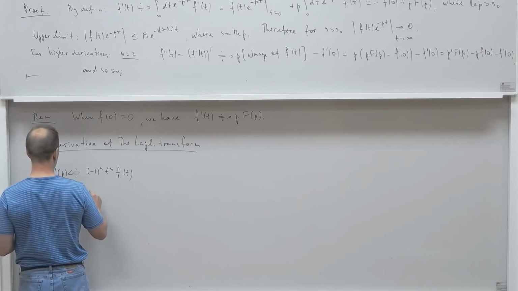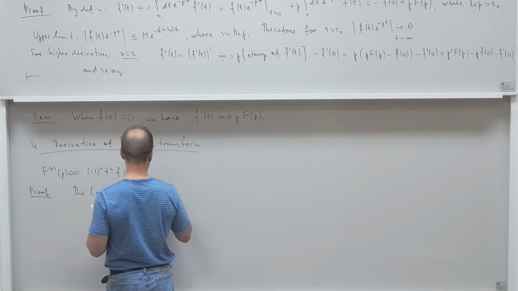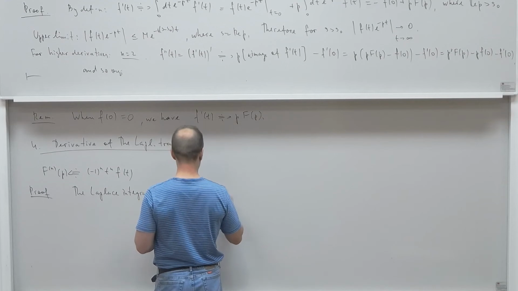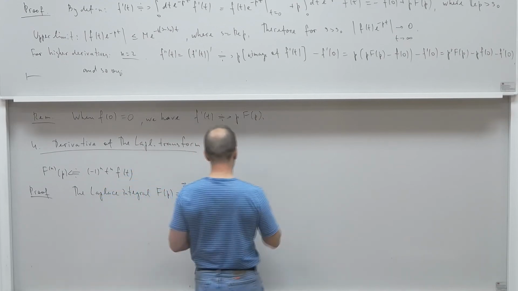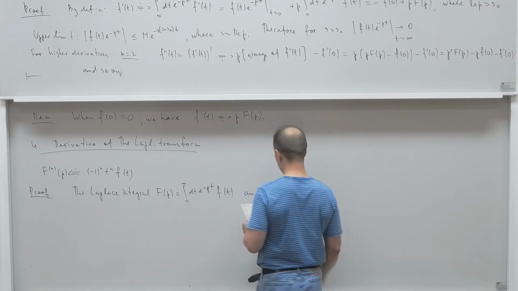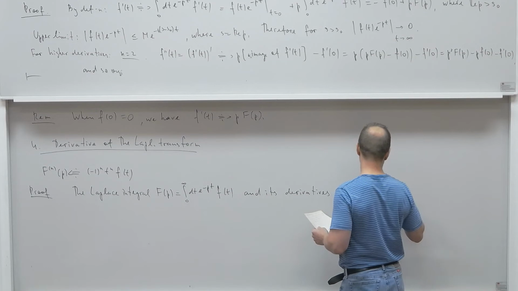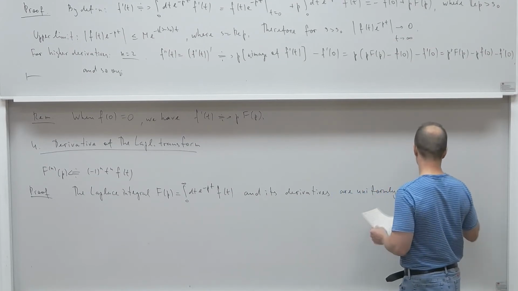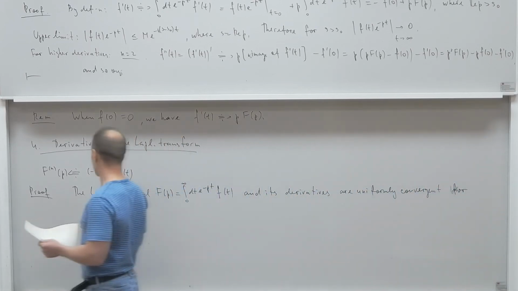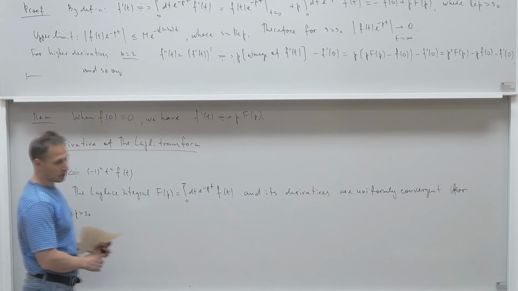The Laplace integral F of p, which is given by definition by such an expression, and its derivatives are uniformly convergent in the half plane where the real part of p is greater than s0, where s0 is a growth index of the function f small of t.